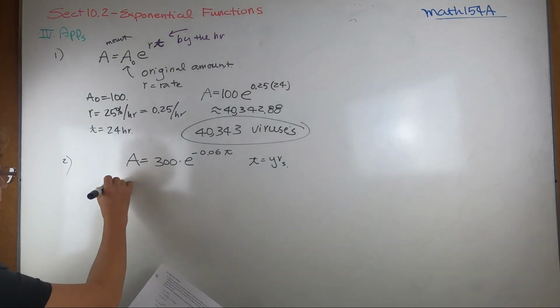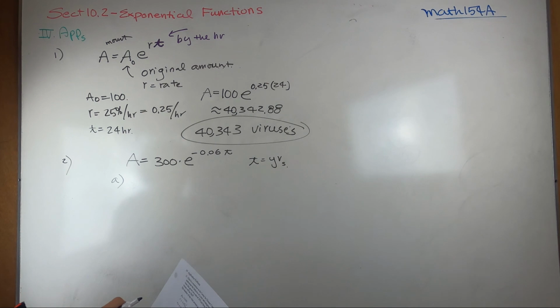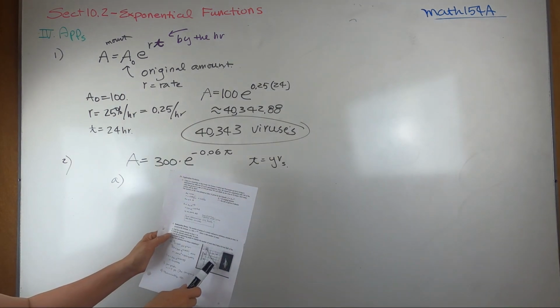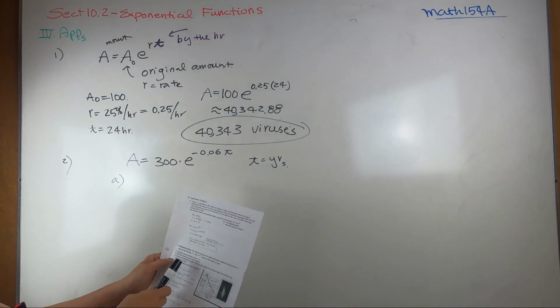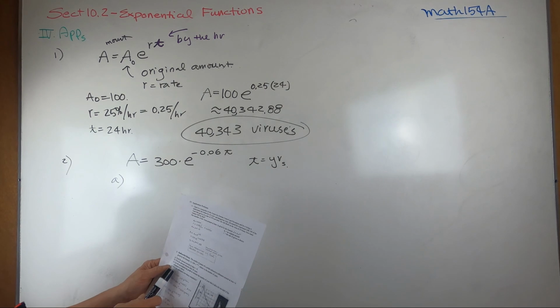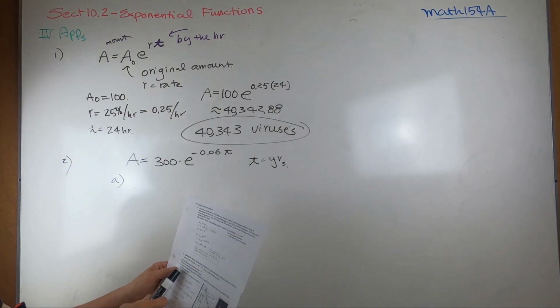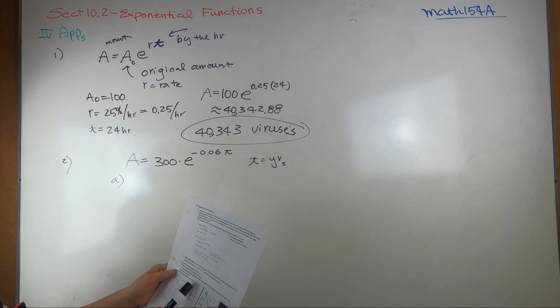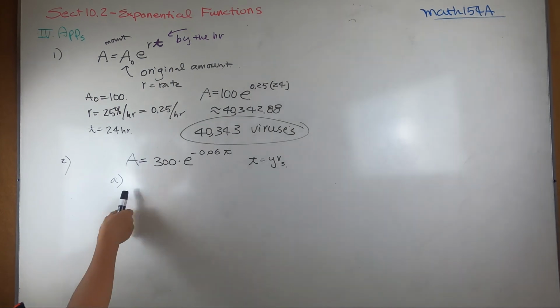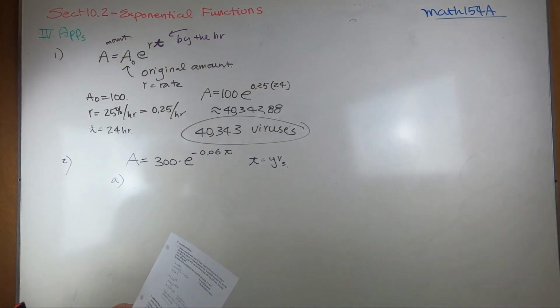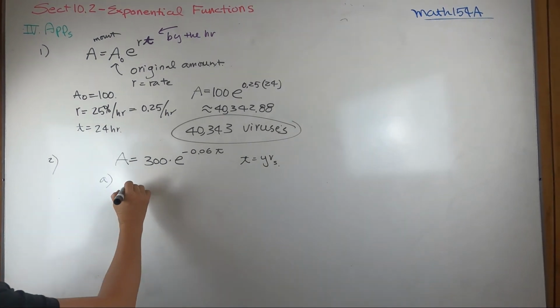It says first find the amount at time t equals 0, then at time 20 years. Then use this graph to estimate the number of years it would take for half of the substance to decay. Then D, will the substance ever decay completely? Okay, so for the first one, we find the amount present at t equals 0.